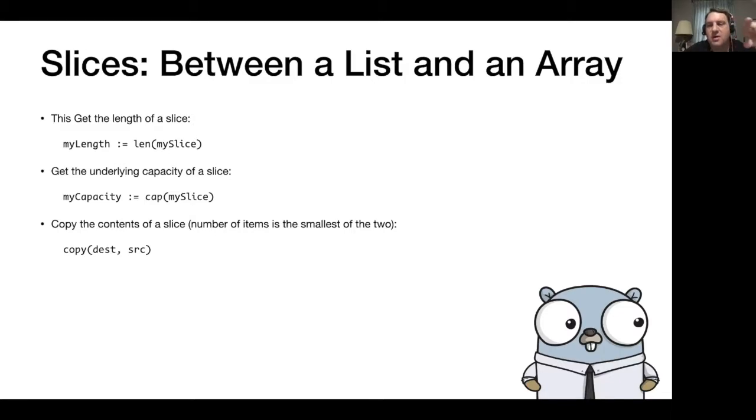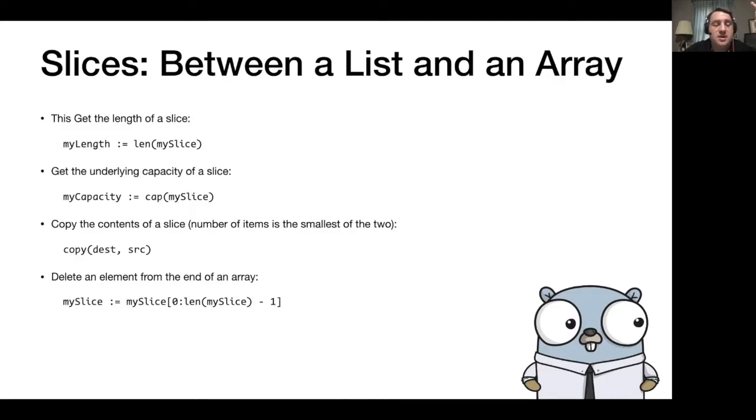So if you're expecting this to create all new elements, it actually won't, because if your destination doesn't already have enough elements to hold all of them, like let's say your destination is an empty slice, this command won't copy all the elements. It'll actually copy nothing because the destination is empty. It only copies items for which you already have spaces. We'll look later on at how to actually do a copy.